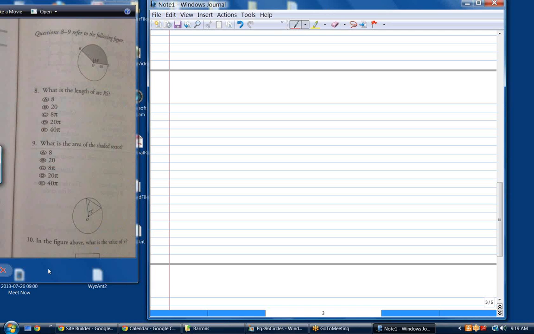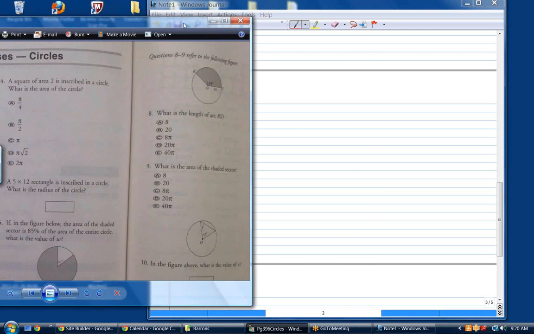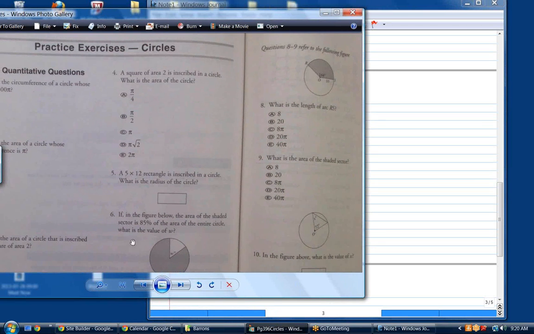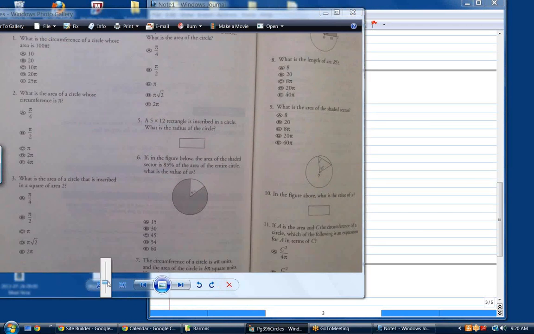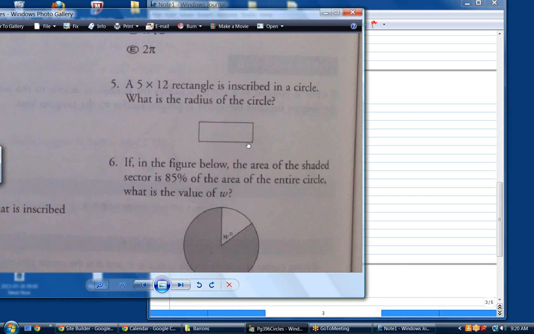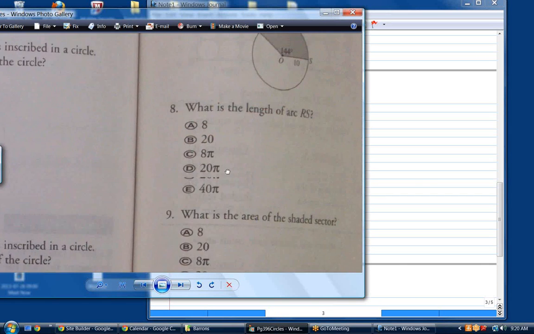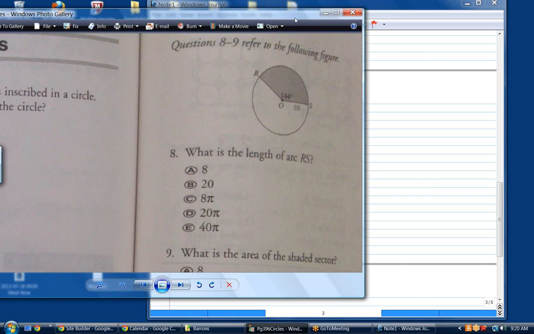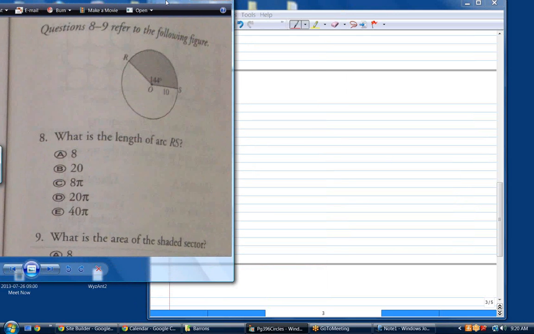Can you see that, or do I need to blow that up a little bit? Actually, I do need it blown up just a little. I can't see what's inside the circle. Okay, let me do that here. Whoa, that's pretty good. Well, that's a lot better.